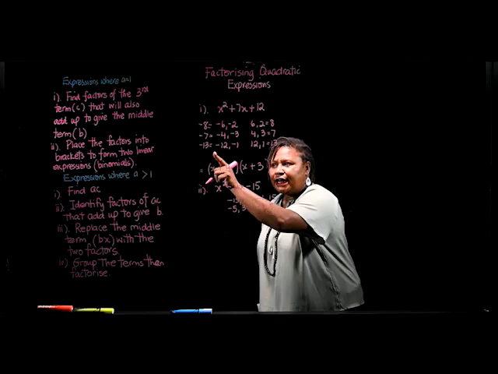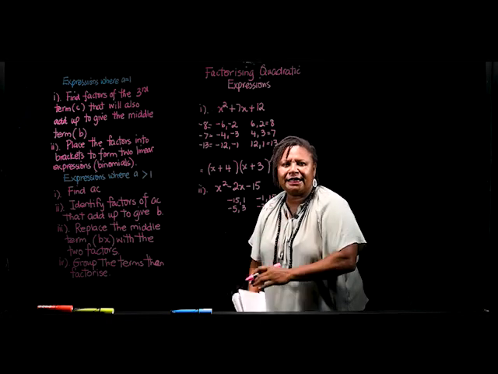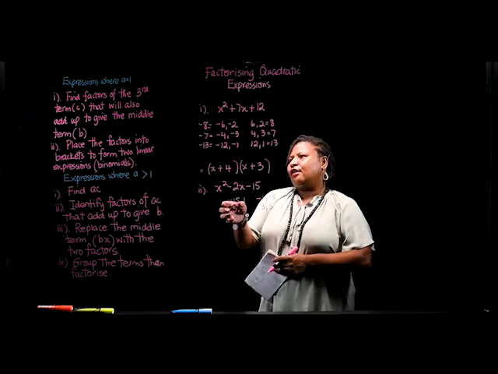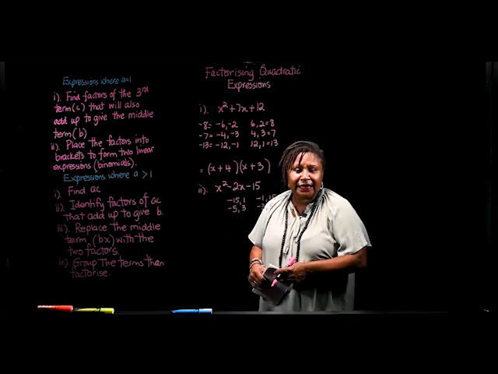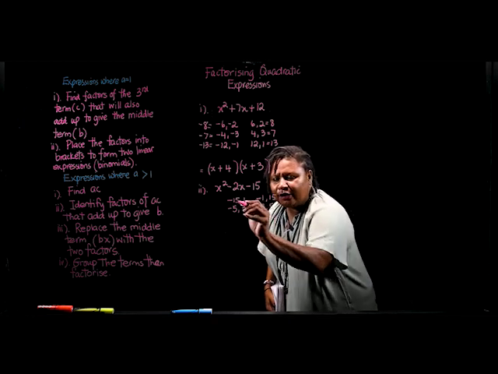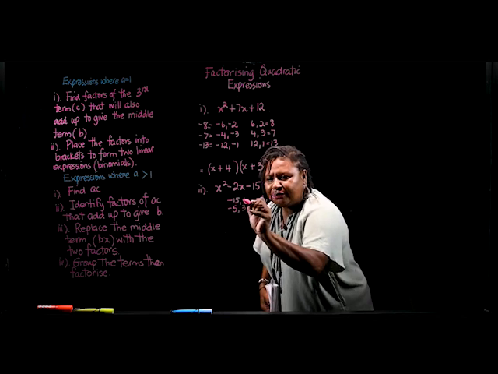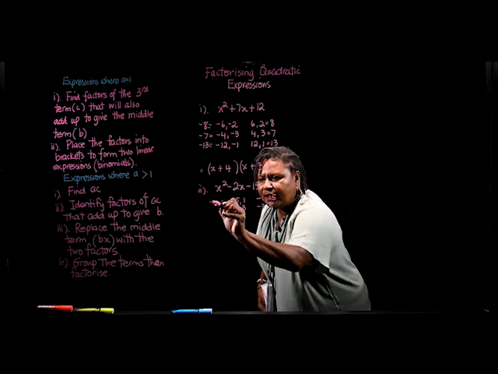The next part says we have to identify the factors that will give a sum of the middle term. The middle term in this case is negative 2. So let's add all of our factors. Negative 15 plus 1 will give us a sum of negative 14.